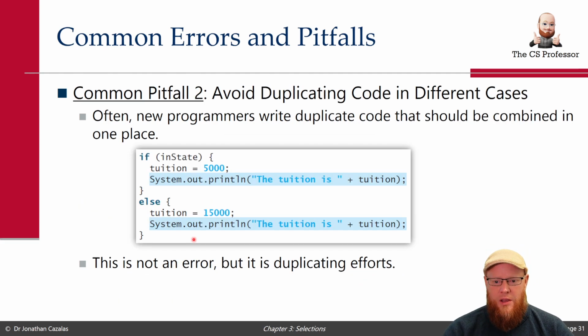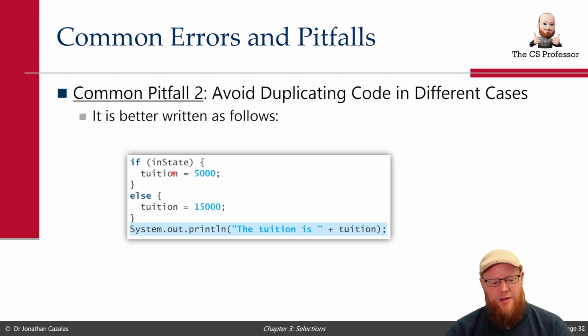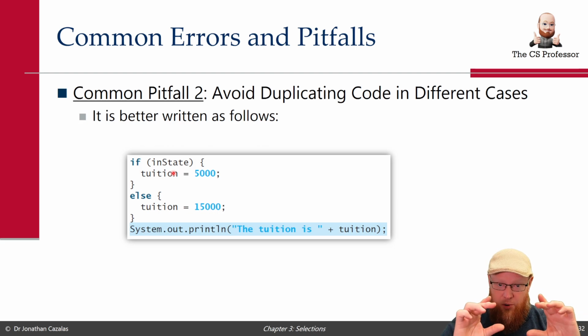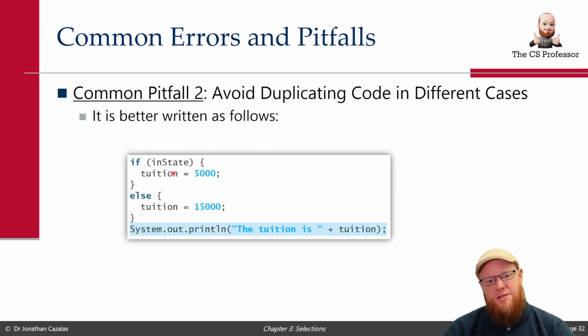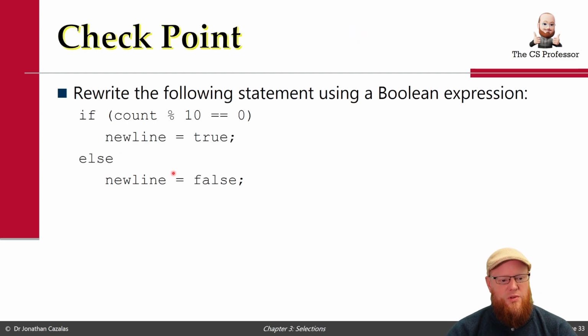Another pitfall is to avoid duplicating code when you can. If you look at this particular code block, we're doing the same print statement twice. We're printing the tuition is, and we're printing the tuition regardless of the truth of the if or the else. We're duplicating that effort. So it's better to put any common code that you find both within the if and within the else, to move that to the end.